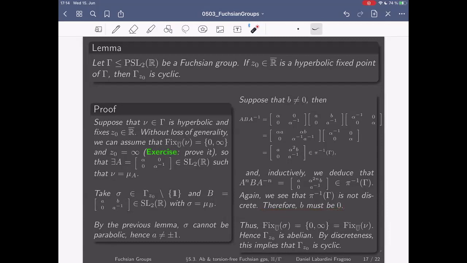But now if we have things which are of this diagonal form in SL2(R), then they commute, and they have the same fixed points, namely exactly 0 and infinity, and then the stabilizer is again abelian, and being discrete, we can again conclude that the stabilizer is cyclic.